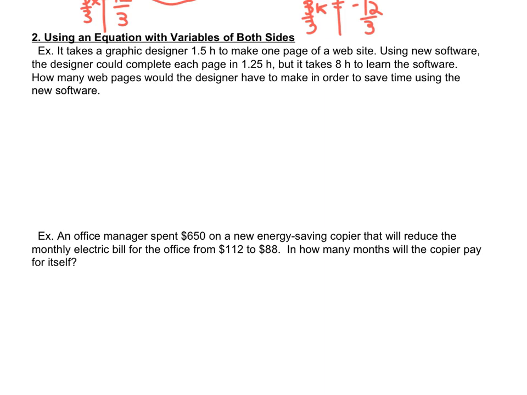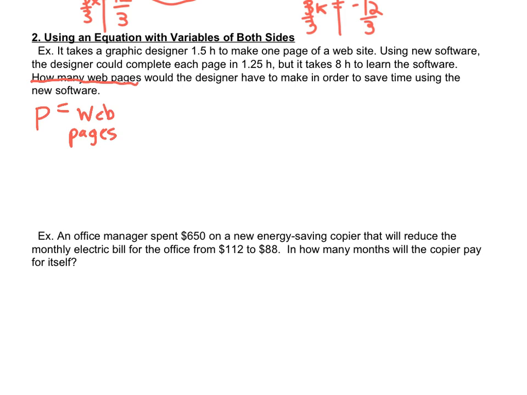So what we're going to do is first define a variable. And the question here explicitly asks, how many web pages? So it may be a good idea to define p as your variable, and that is the number of web pages that the designer needs to make, all right?